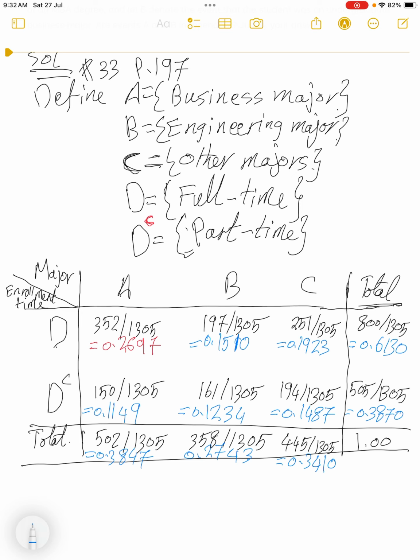Here you will have approximately similar, but 352 divided by 1305, it will be 0.26. Since I make approximation, it must be the same.